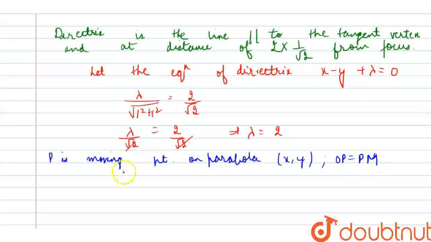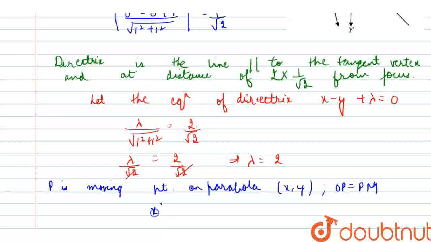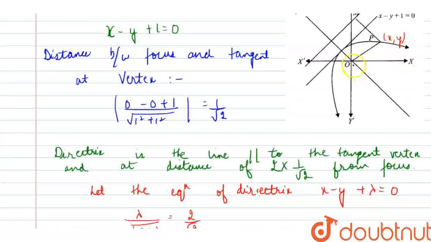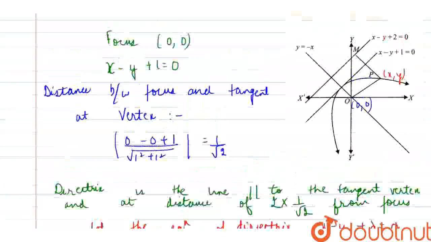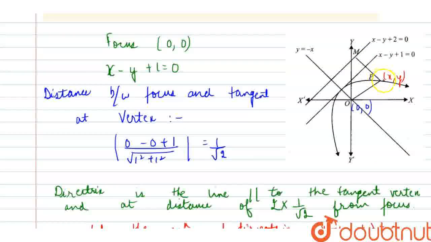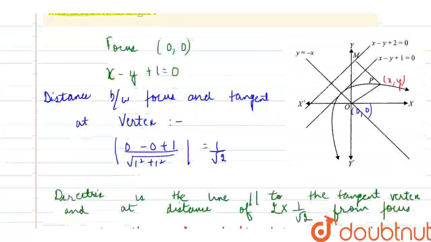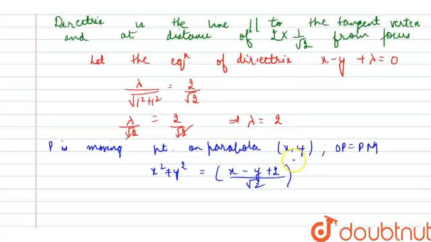So x square plus y square would be equal to x minus y plus 2 upon under the root of 2. Let's understand how: OP is basically the distance between the origin and (x, y), so that would be x square plus y square, and PM would be the distance between this point P, that is (x, y), and this line. We have written 2 because the value of lambda is 2, so we have replaced lambda by plus 2. It would be the square of this.